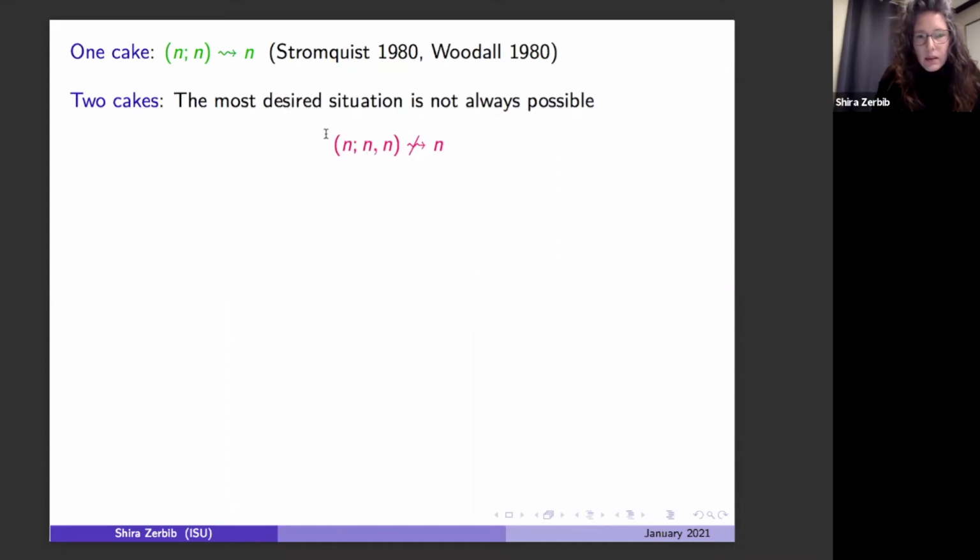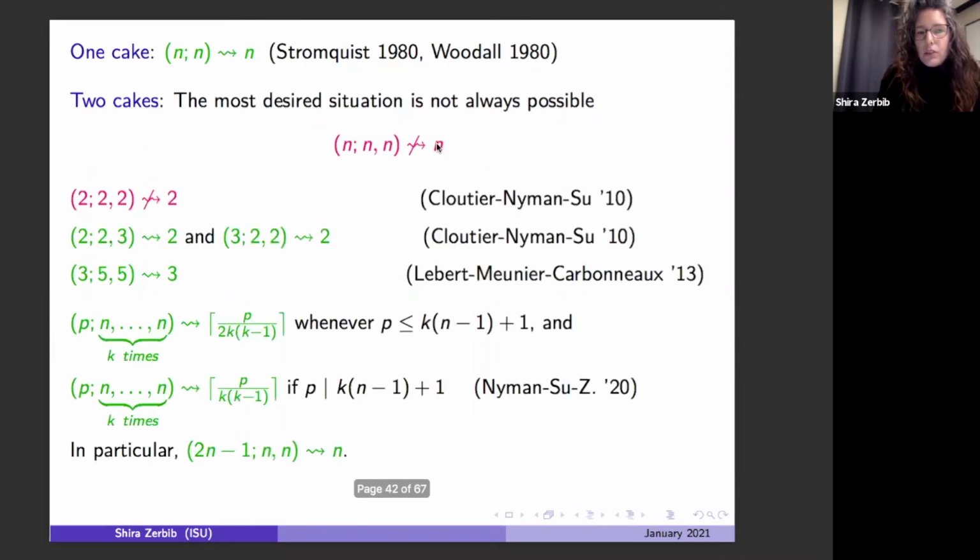We can come up with certain preference sets of the n players in which there is no such partition of the cake. So we have to do something in order to be able to get an n envy-free division.